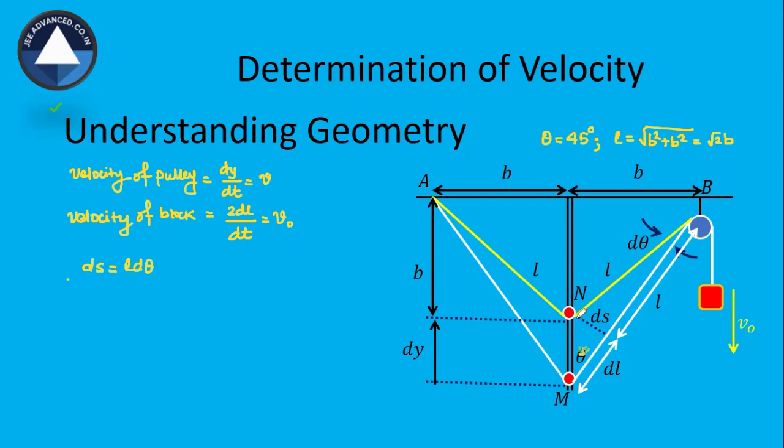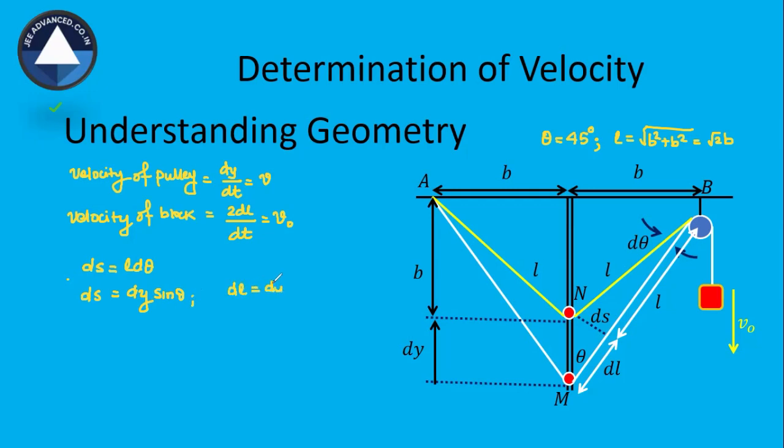For this theta, ds is the perpendicular and dl is the base. So using the shortcut, base is hypotenuse times cos theta and perpendicular is hypotenuse times sine theta, we find other relationships also. These relationships are: ds is dy multiplied by sine theta, and dl is dy multiplied by cos theta.